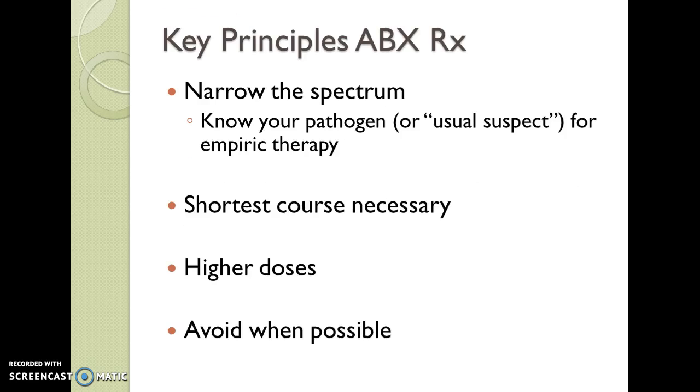So we have key principles in terms of our stewardship of antibiotic treatment. First of all, we want to really narrow the spectrum of the drug we're going to use. We want to know the pathogen or usual suspect for our empiric therapy. And empiric therapy is an important concept to understand, especially in primary care.